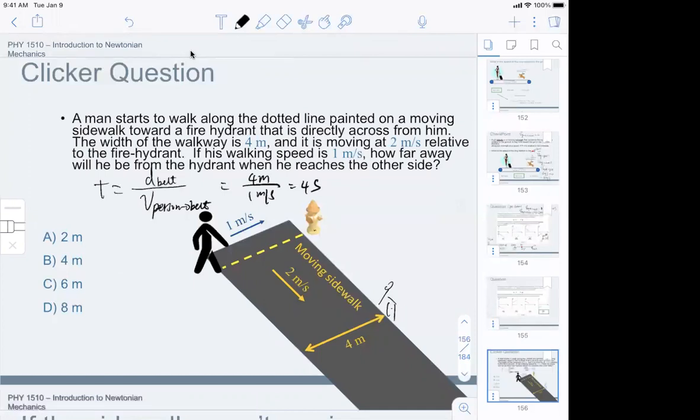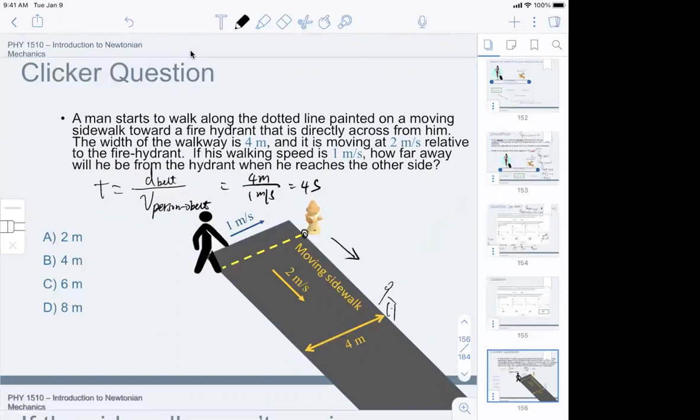So this motion is independent of the moving of the belt, of the sidewalk, right? In those 4 seconds, how far did the sidewalk move? That is a motion relative to the ground, with constant velocity.